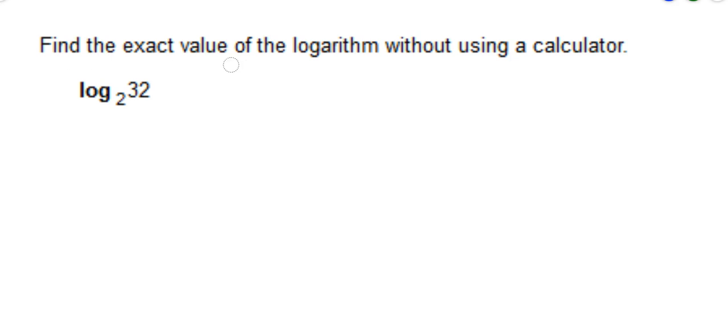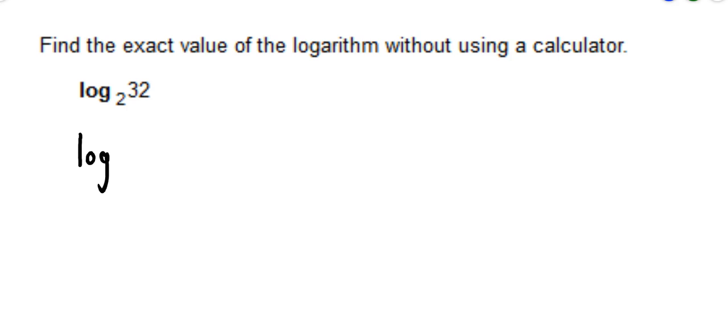Find the exact value of a logarithm without using a calculator. This expression is log base 2 of 32. So the strategy that I'm going to use to figure out what this log equals is to first use a variable.